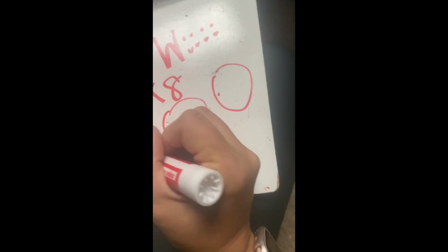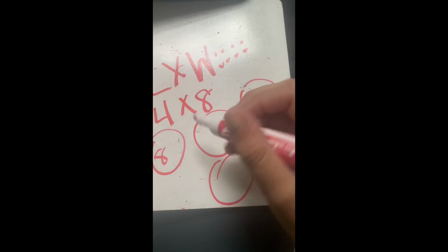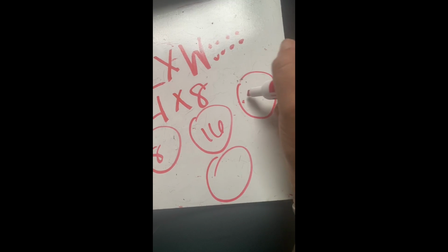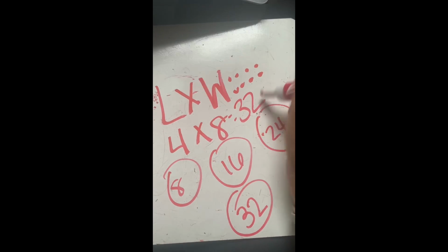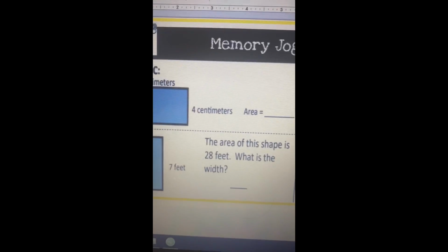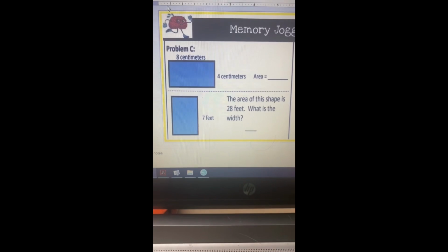In case you're not comfortable counting by 8s, 8, 16, 24, 32. All right, 4 times 8 is 32. So the area is 32 square, whatever the units are, which are centimeters.